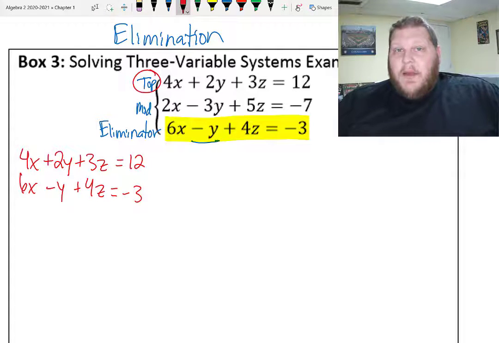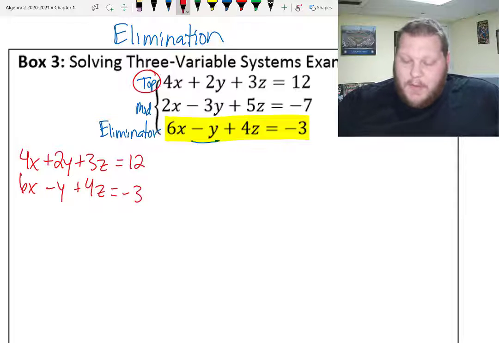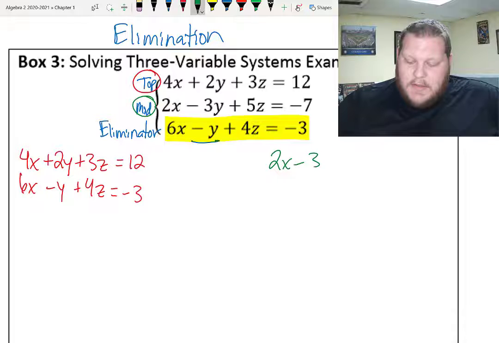And I also have to pair it up with my middle equation. So my middle one, we'll do that in green. That one was 2x minus 3y plus 5z equals negative 7. Paired up with my eliminator, which was still 6x minus y plus 4z equals negative 3.